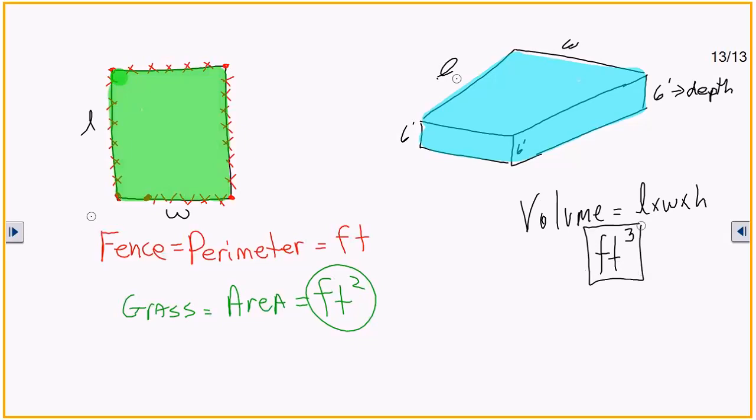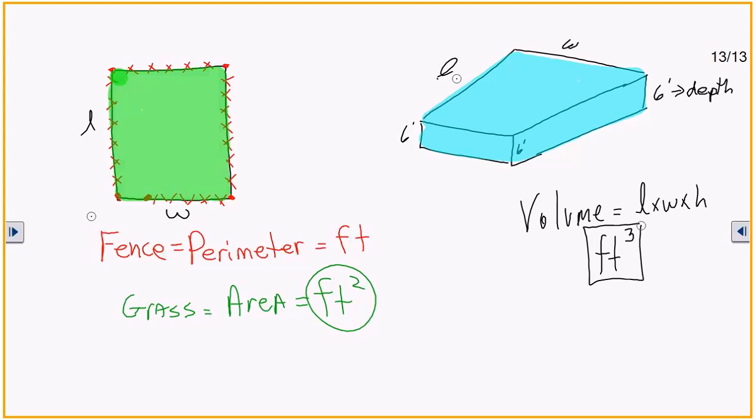So whenever you're looking at a test or a homework assignment, and you see feet, then you know that's probably perimeter. If you see square feet, you know that's area. And if you see cubic feet, you know that's volume. And volume is either going to be the height of a building or the depth of a pool of water or pond, whatever you want to call it.